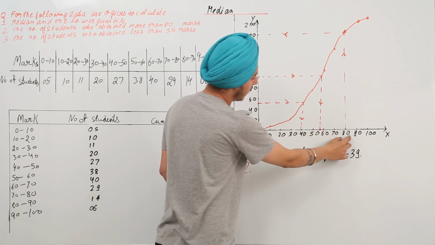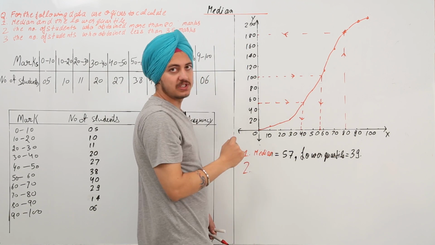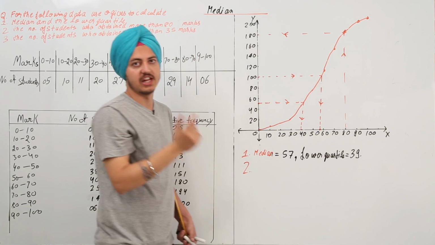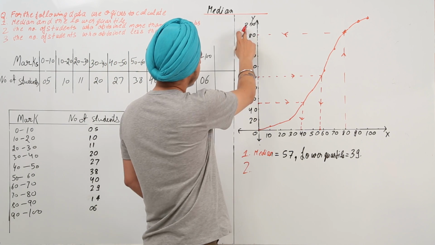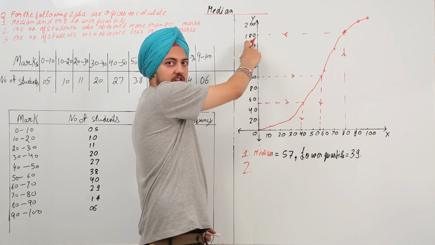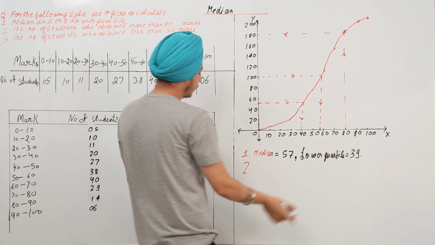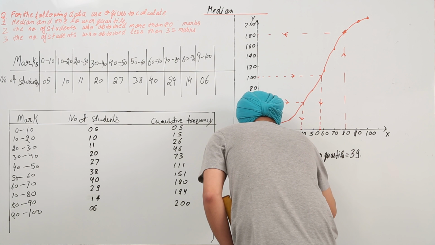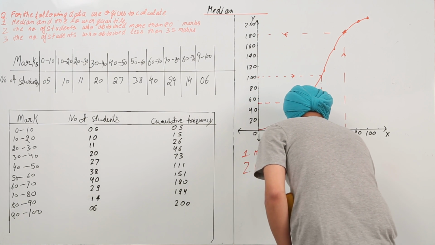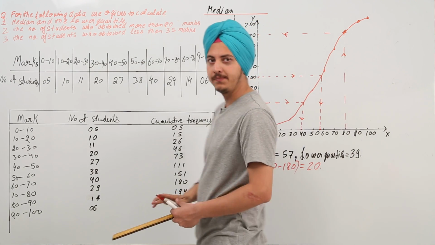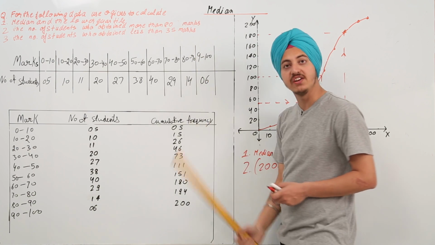Whatever ordinate corresponds to this 80, that is to be subtracted from 200, and we will get the number of students which have marks more than 80, right? So the number of students are 200, the ordinate corresponding to 80 is 180, so the number of students are 200 minus 180, that is equal to 20 from here, okay? Now the next part says the number of students who obtained less than 35 marks.